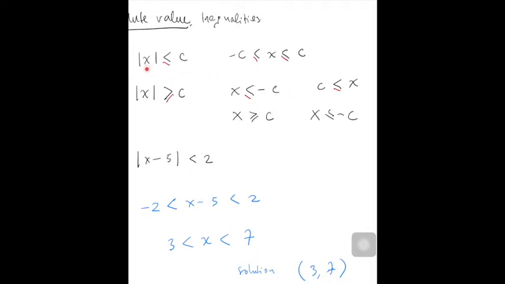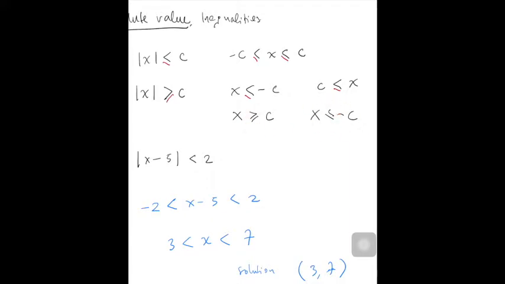One is when x is negative, and the other when x is positive. Okay. So when x is positive, then we just need this expression, right? And when x is negative, then you multiply all by negative. So you change this sign. Okay, so greater becomes less.